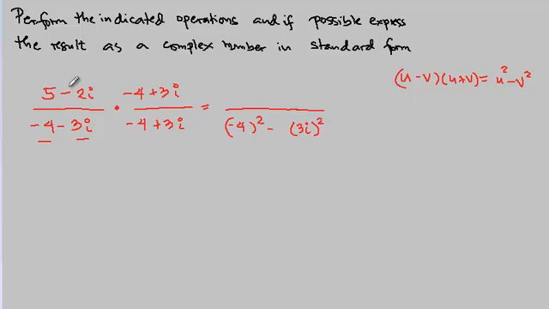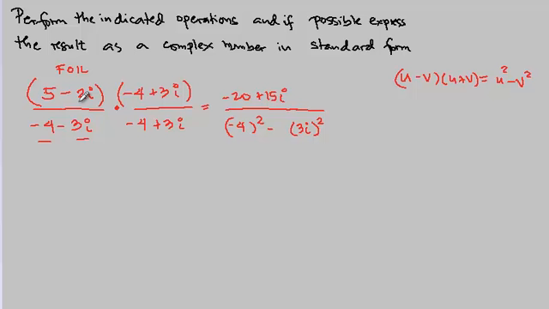How about the top? Well, 5 minus 2i times negative 4 plus 3i. For multiplication, we could use the FOIL method. FOIL stands for first terms first: 5 times negative 4, that's negative 20. Then outer terms, 5 times 3i, that's 15i.